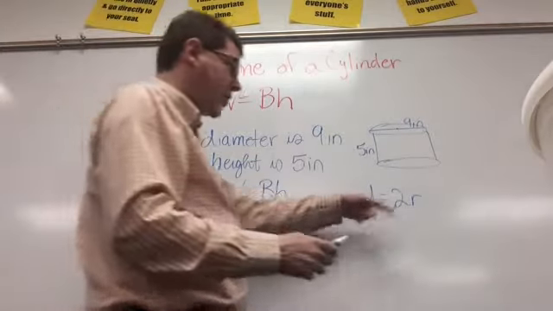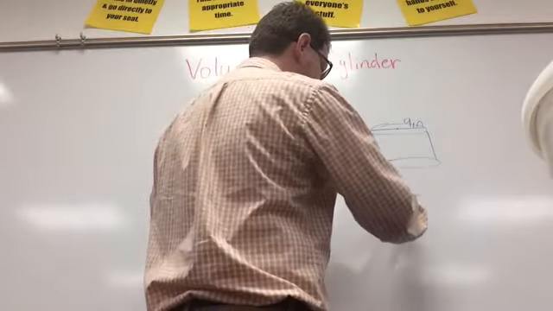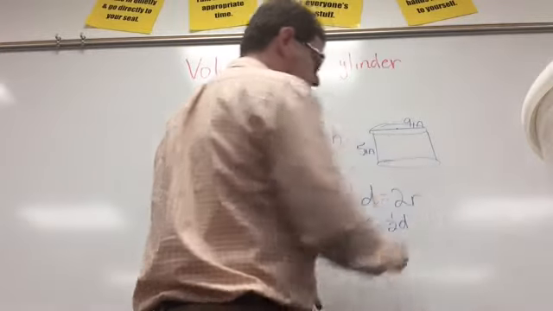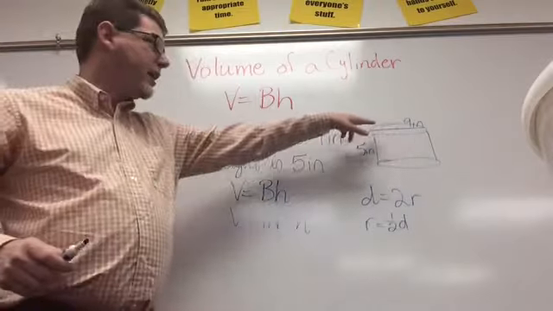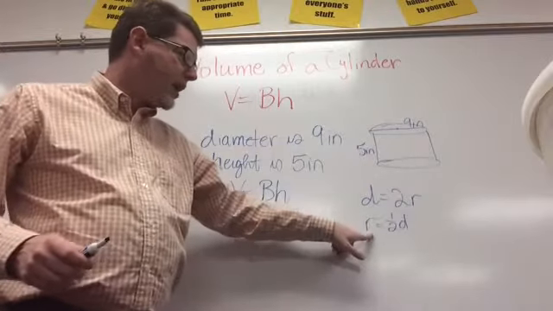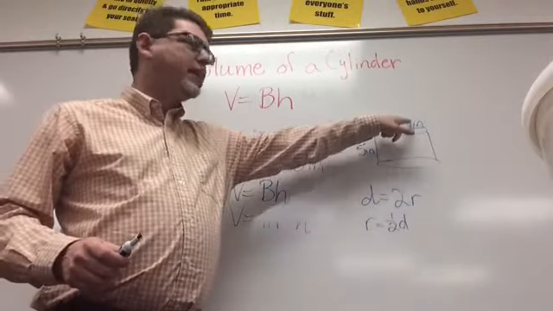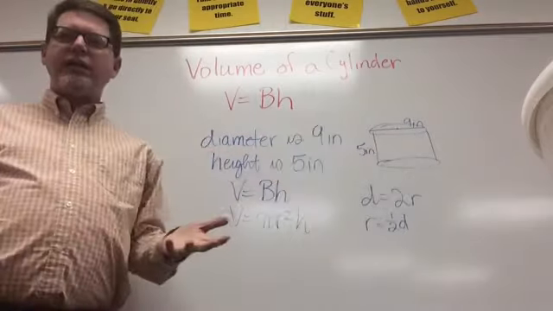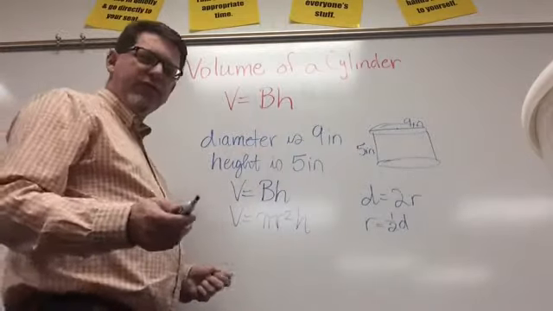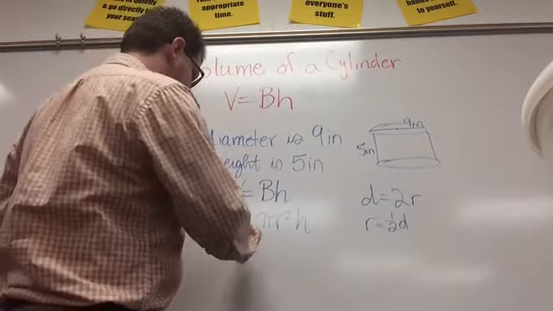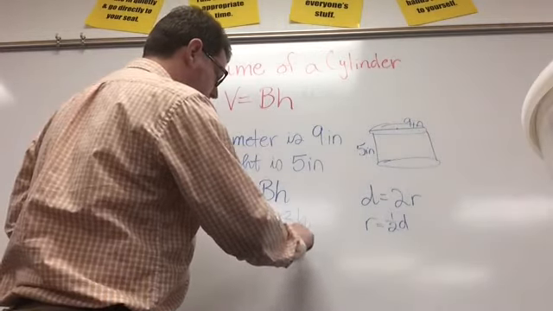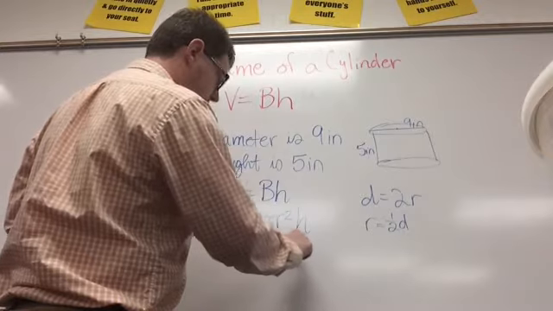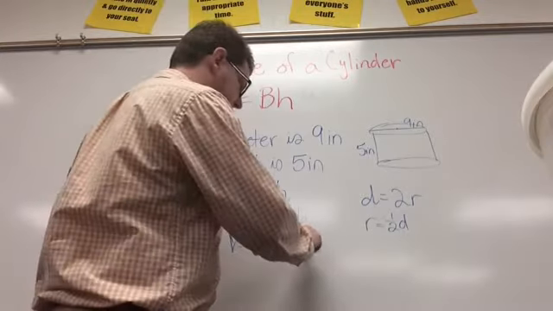So I could also say that R equals 1/2 of D. So if I know D is the diameter of 9 and I need to find the radius, then I can just divide this by 2. And 9 divided by 2 is 4.5. So V equals pi 4.5 squared times the height, which is 5.